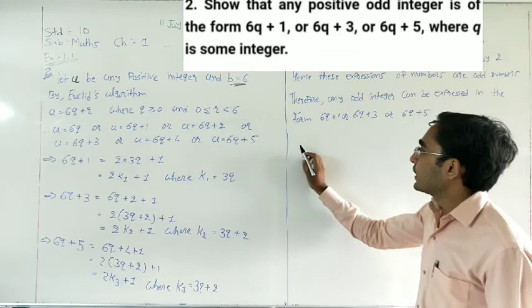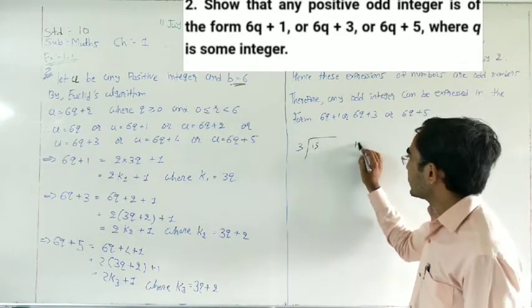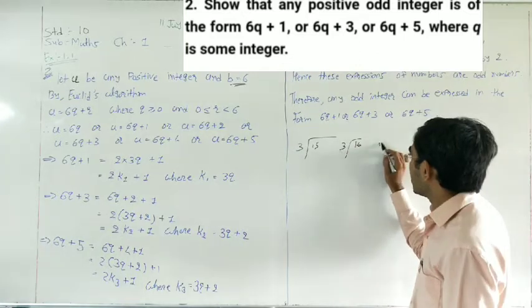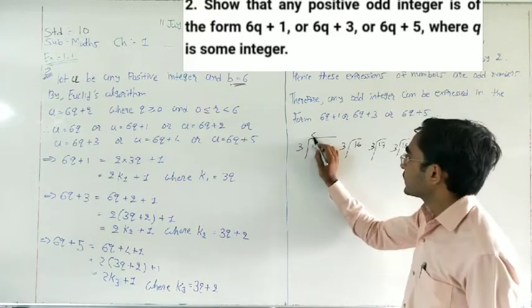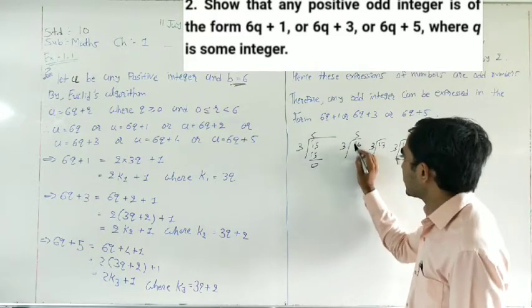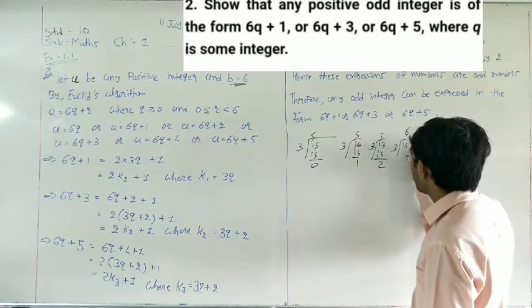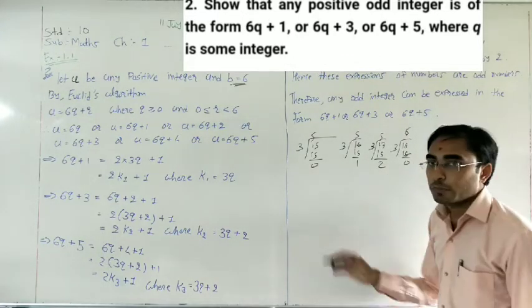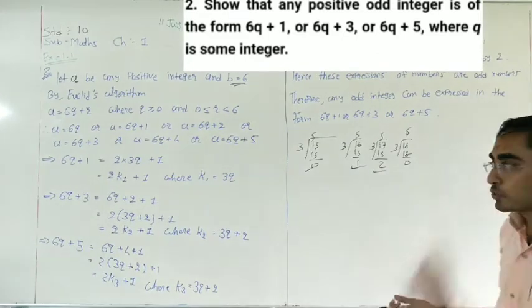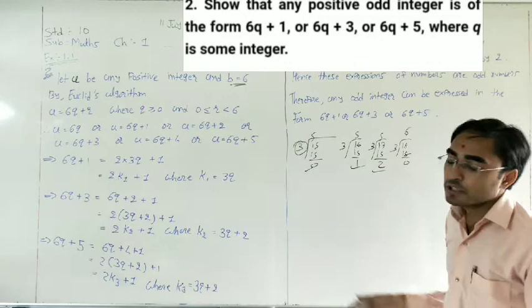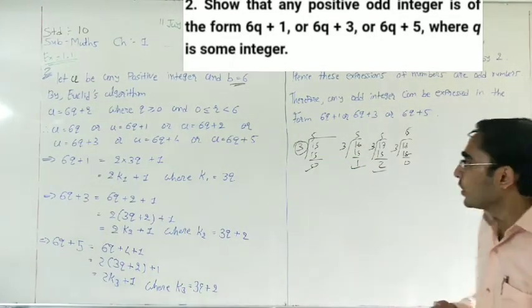That means if you divide any number by 3, let's suppose 15, 16, 17 and 18: 3 fives are 15, remainder 0; 3 fives are 15, remainder 1; 3 fives are 15, remainder 2; 3 sixes are 18, remainder 0. That means here we have remainders 0, 1, 2, but not equal to 3. Remainder never becomes equal to the divisor.